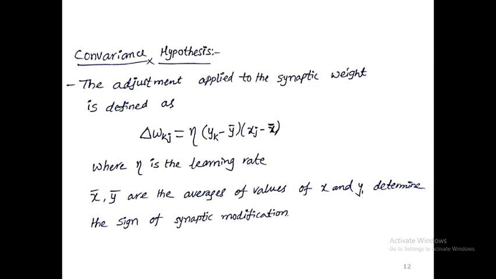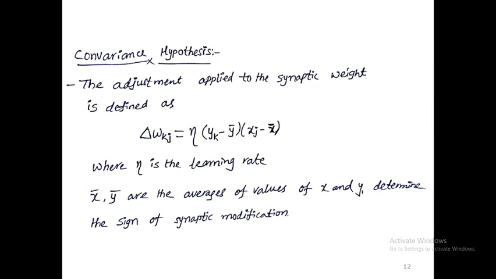Earlier we only had Yk into Xj. Now we have Yk minus y bar and Xj minus x bar. What are x bar and y bar? They are the average values of x and y, which determine the sign of the synaptic modification, whether it is in the positive or negative direction, plus delta or minus delta.